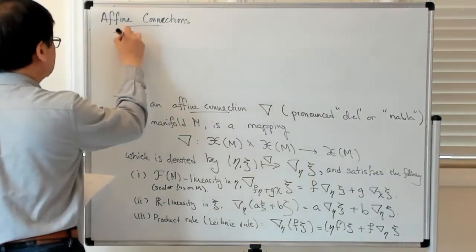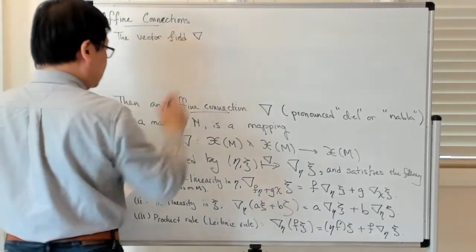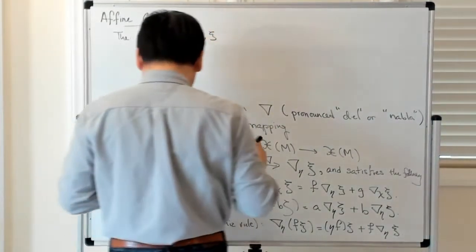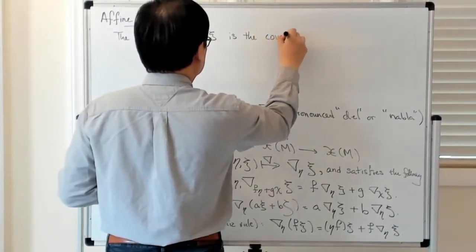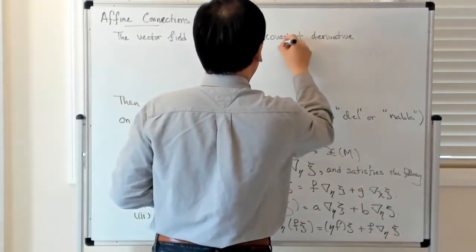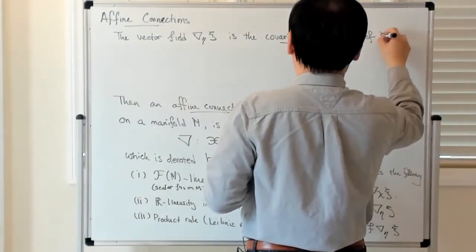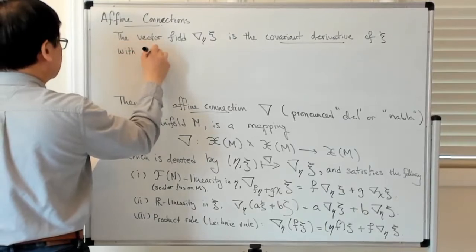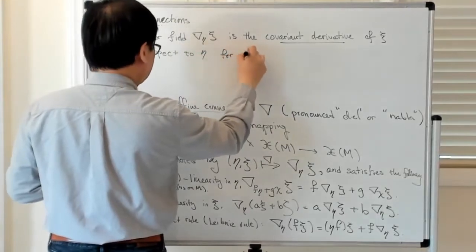So the vector field nabla eta chi is the covariant derivative of chi with respect to eta, for the affine connection nabla.